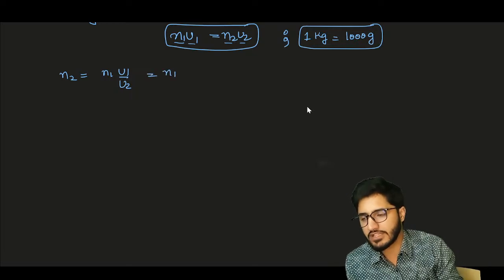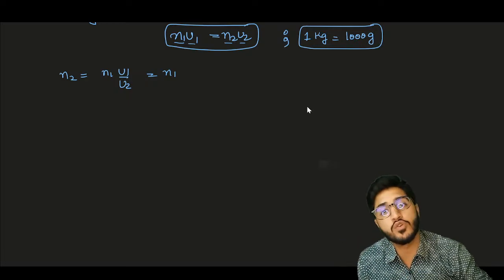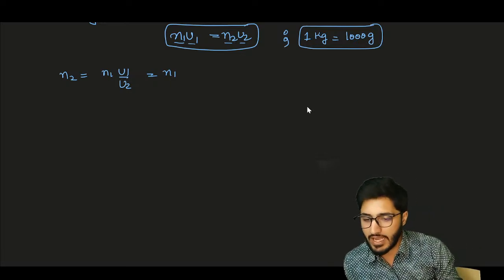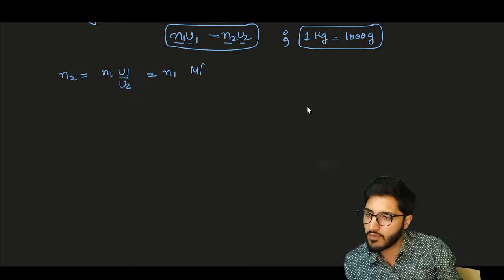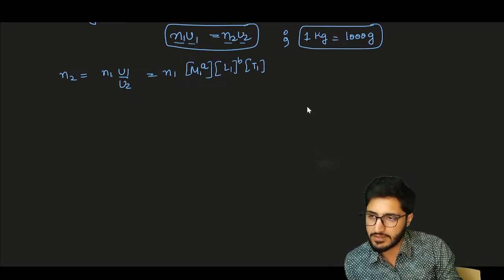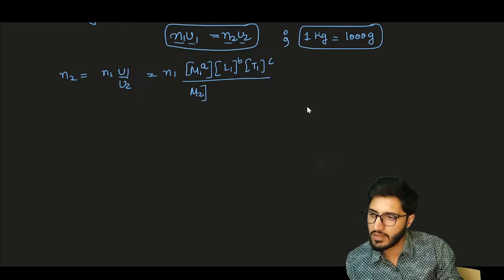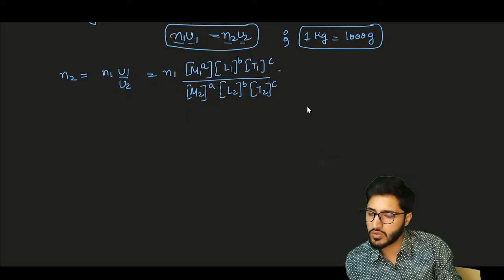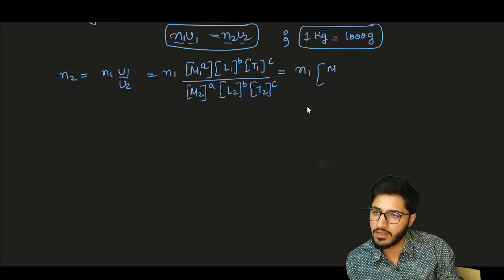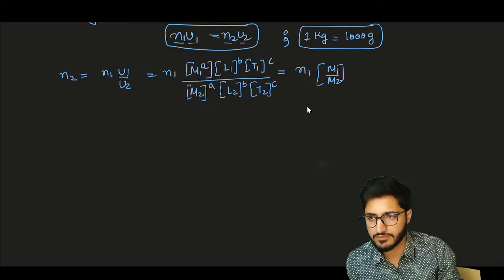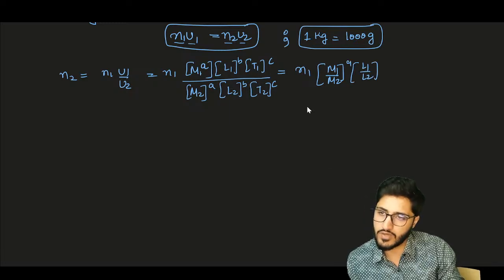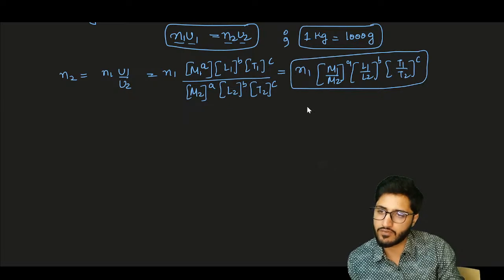What is u1? u1 is a unit of a system, and in units we have M, L, T. So I can write it as n1 times m1 to the power a, l1 to the power b, t1 to the power c, divided by m2 to the power a, l2 to the power b, t2 to the power c. So n2 equals n1 times (m1 by m2) to the power a, times (l1 by l2) to the power b, times (t1 by t2) to the power c. This is an important thing that we need to have.